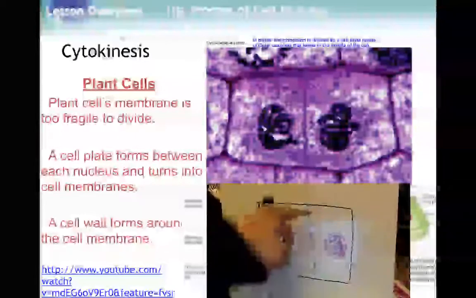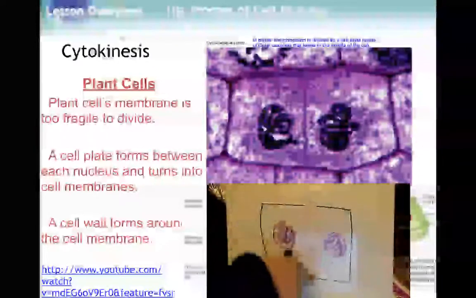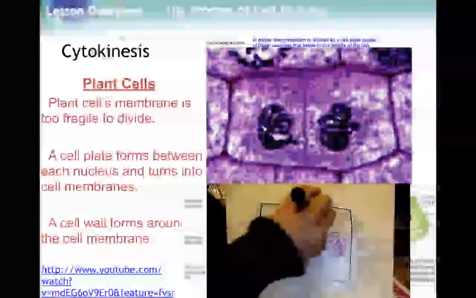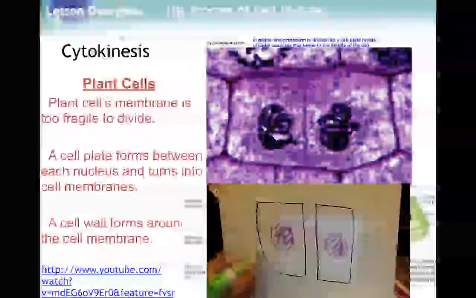Eventually, this cell plate will turn into the cell membrane, and a cell wall will go around it.